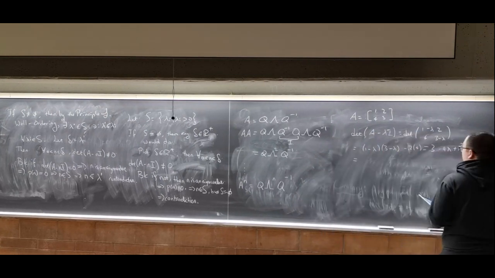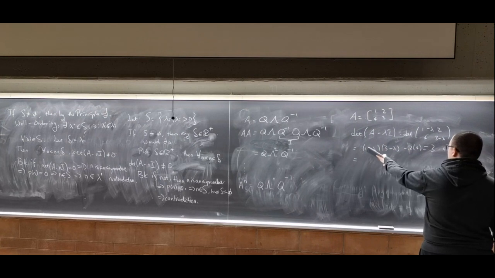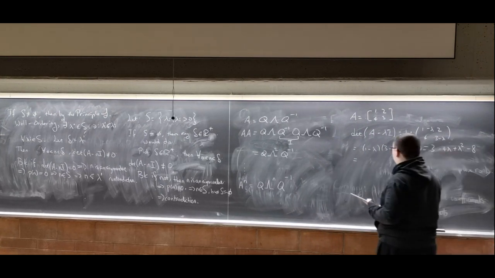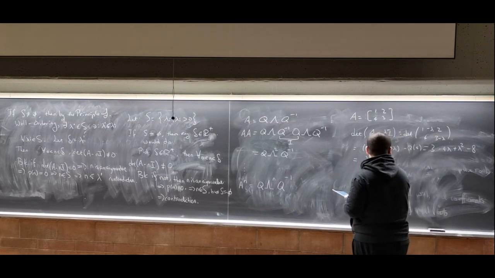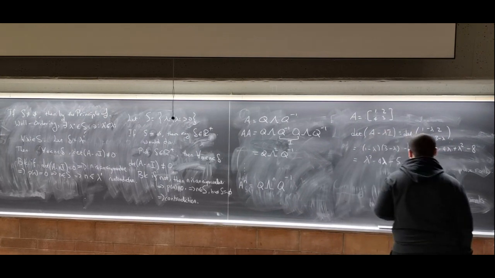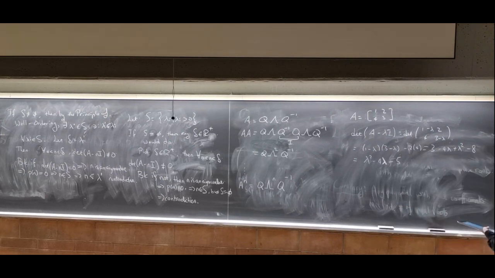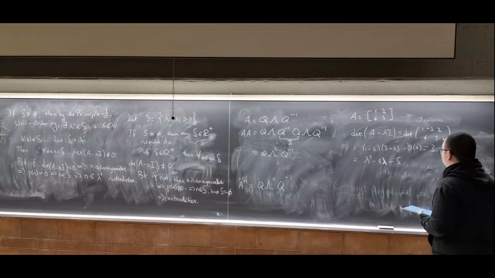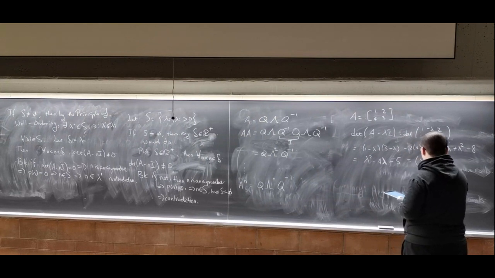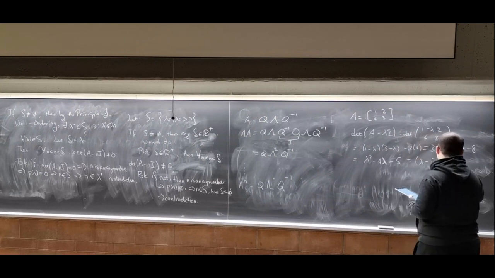So this is lambda squared minus 4 lambda minus 5. So this is lambda minus 5 and lambda plus 1.